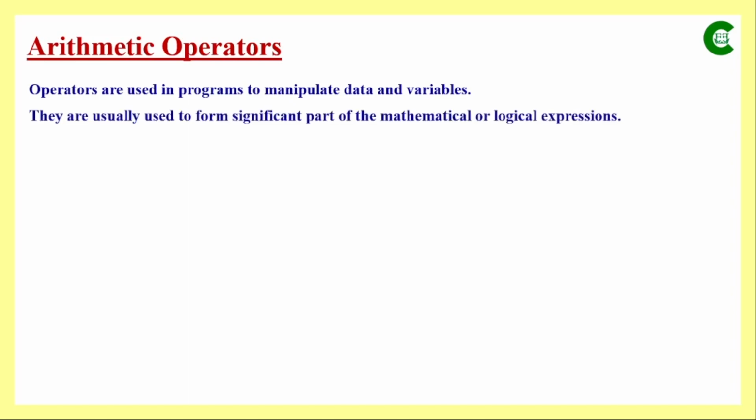That means those calculations play a very crucial role in the main logic of the program. The operators that we use also form a significant part of the mathematical or logical expressions in our programs. And as I said, C supports a rich set of operators.